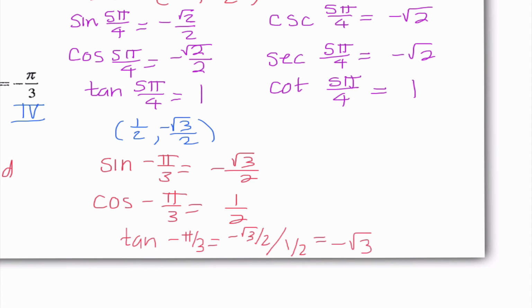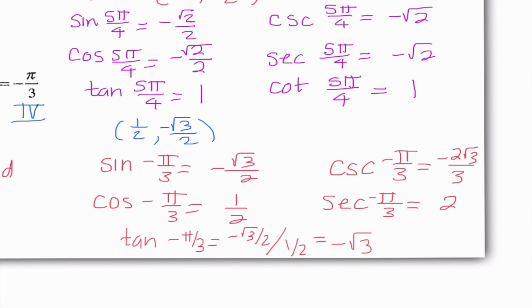So now if we do all the reciprocals, cosecant of -pi/3 would be the reciprocal of -radical 3 over 2, which would be -2 radical 3/3. The secant of -pi/3 would be the reciprocal of 1/2, which is 2. And the cotangent of -pi/3 would be the reciprocal of negative radical 3, which is negative radical 3/3.